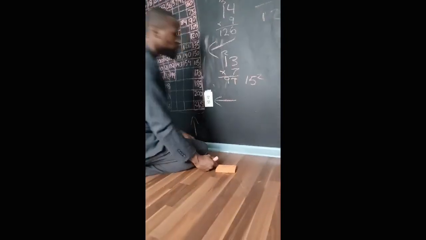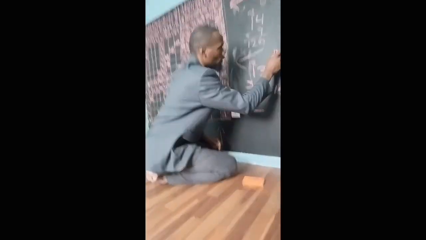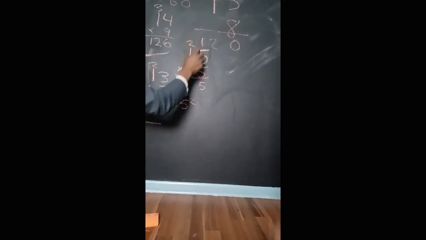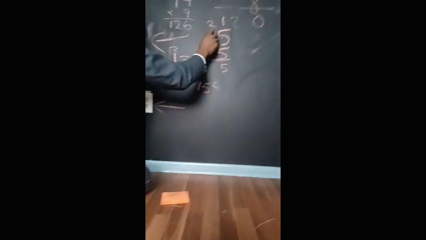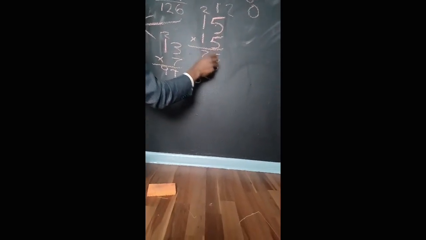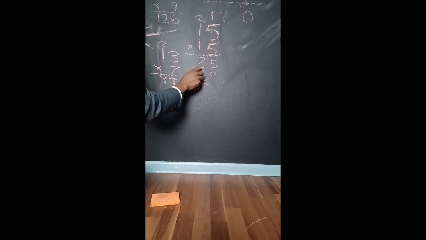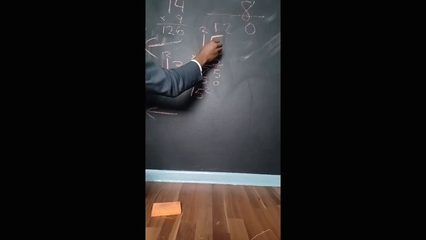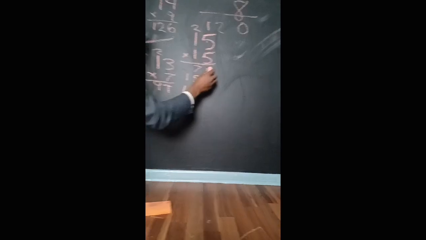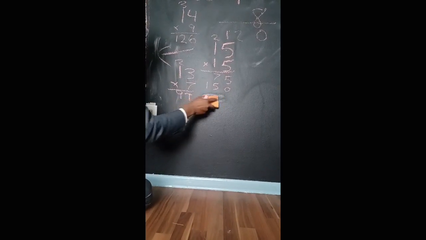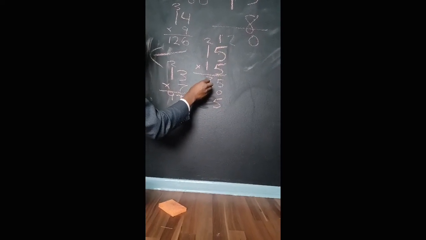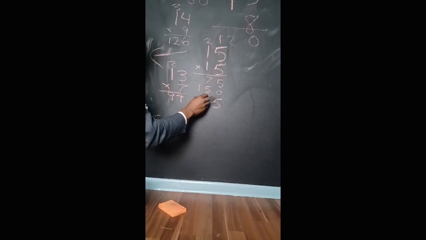Let's test this theory out. Back to the board. 15 times 15 is 25, placeholder 5. 5 times 1 is 5, plus 2 is 7. Then 1 times 1 is 1, so that'll be 2. 7 plus 5 is 12.